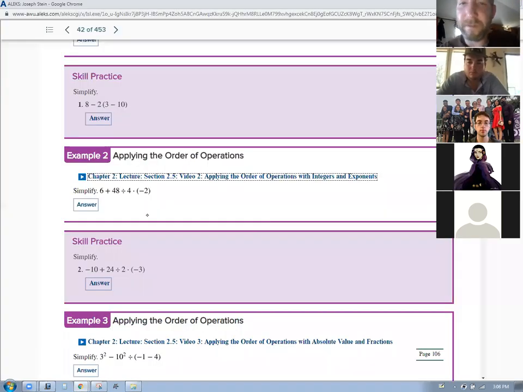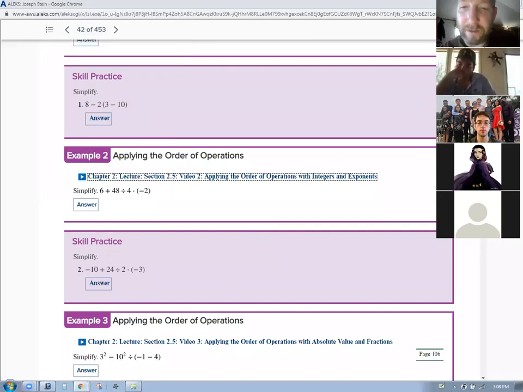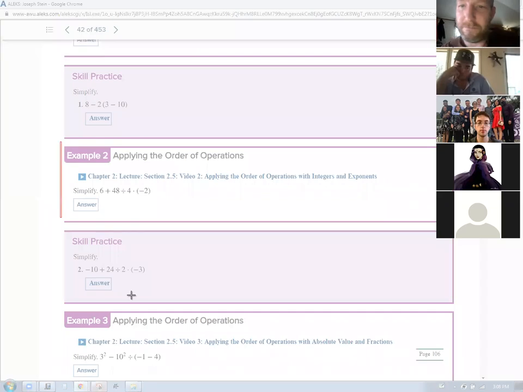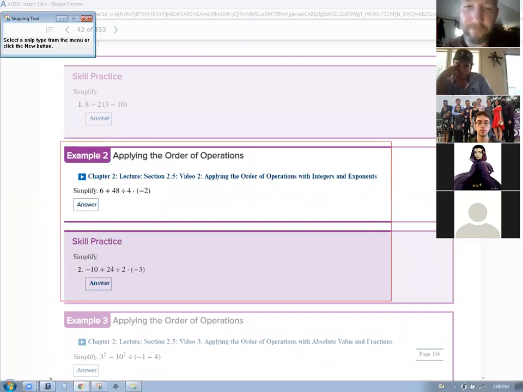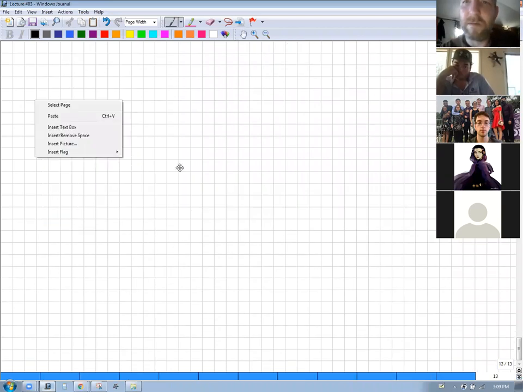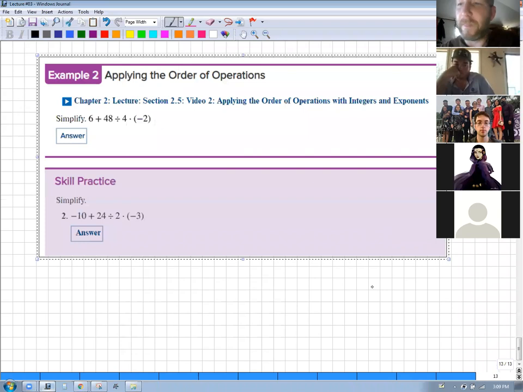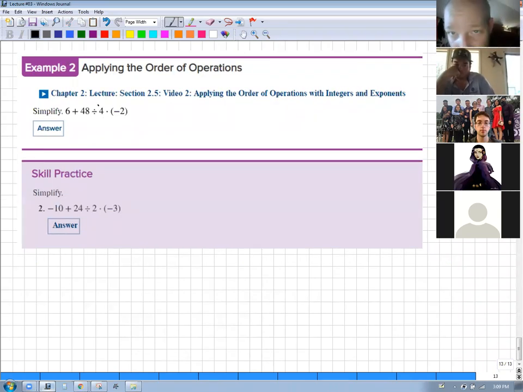Okay, so let's use what we learned here. Okay, so this symbol, I don't like it because nobody ever uses it when they do math.